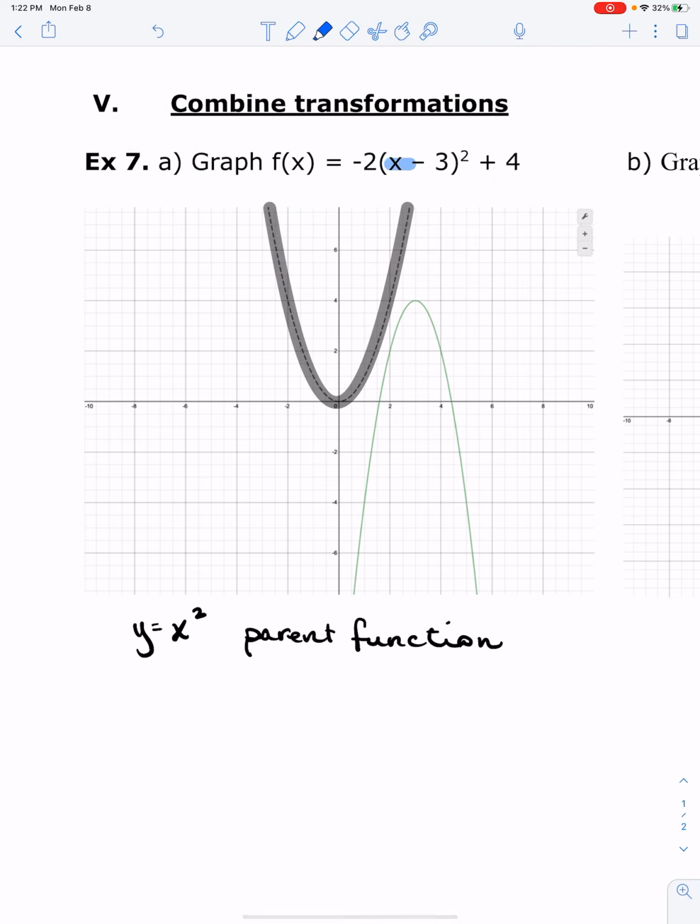So let's take a look right here. This x minus 3 part, that's going to take our graph and move everything 3 units to the left.